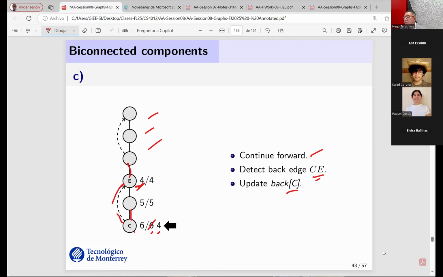So the value of back of C is going to be 4, which means that it's connected to an ancestor and is trying to say something about this cluster of elements, right?